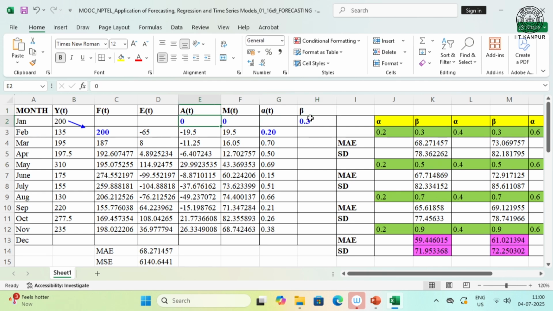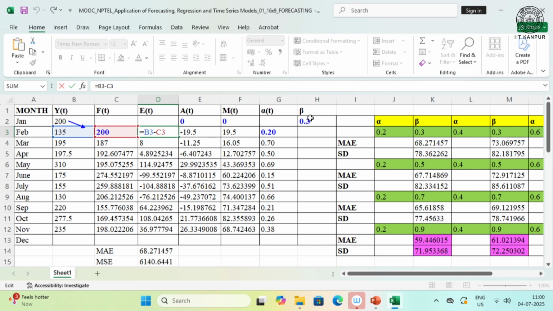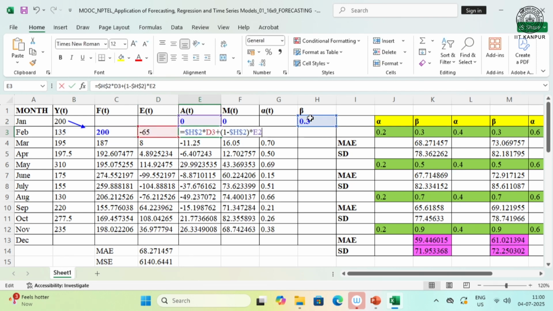As per the formula, we first consider ET, which is the difference between the corresponding value of column B, which has Y, and column C, which has F. So, it is 135 minus 200, which is minus 65. Then I come to find out AT.